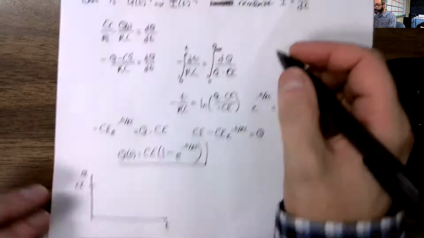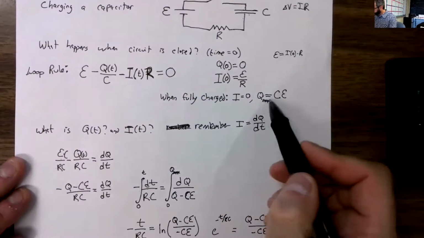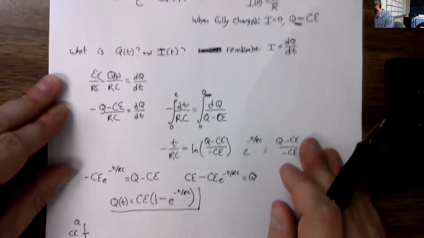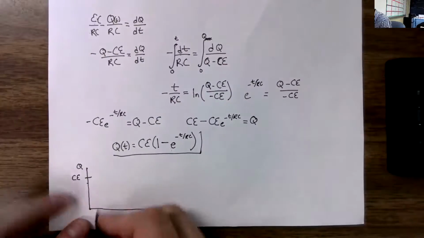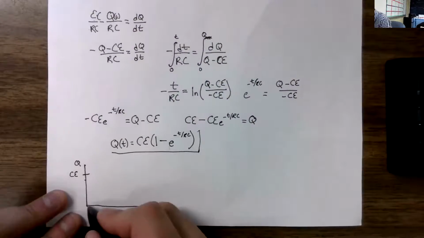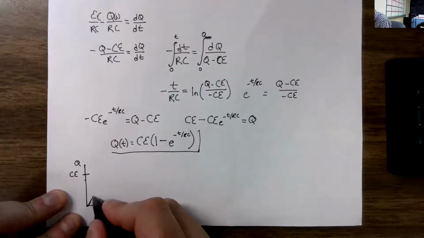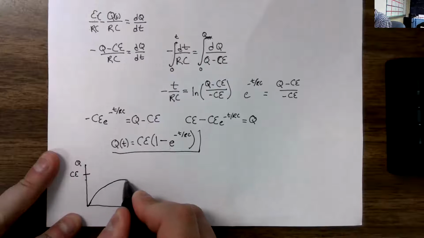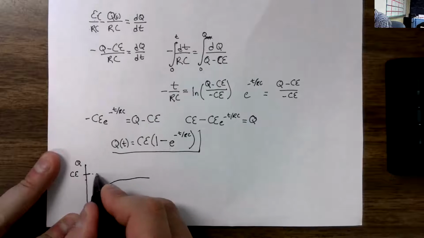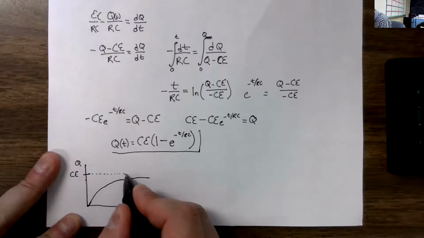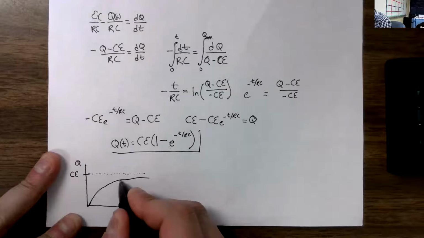That makes sense because way up here, we said that the maximum charge is going to be equal to CE. So the function increases and then asymptotically approaches it, but never technically gets there.